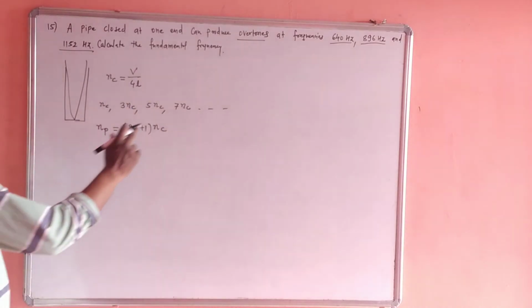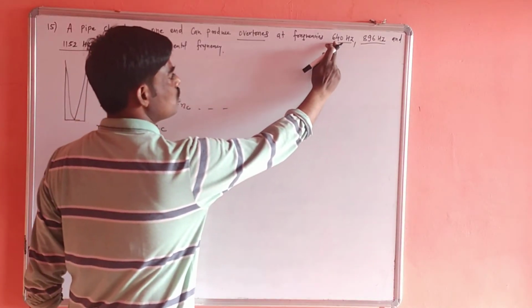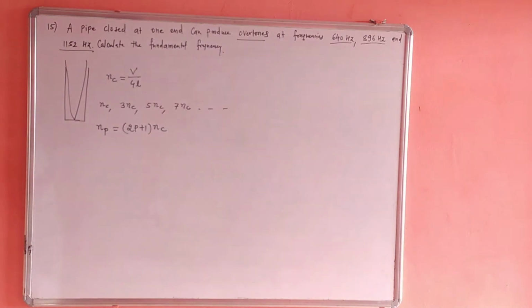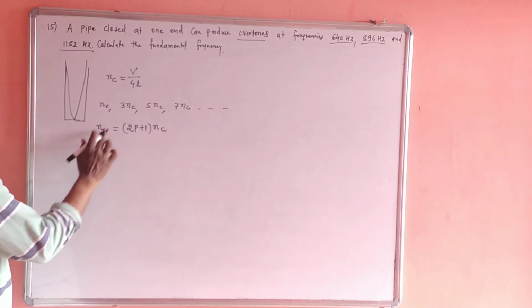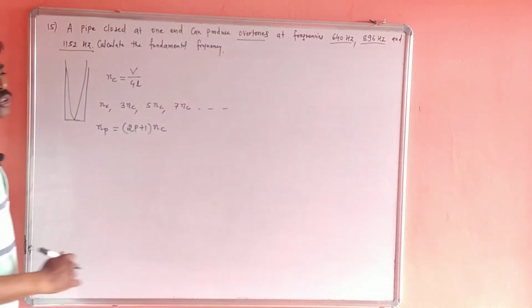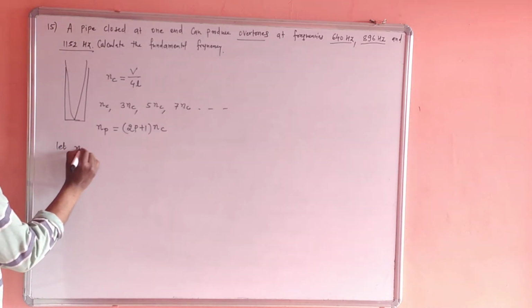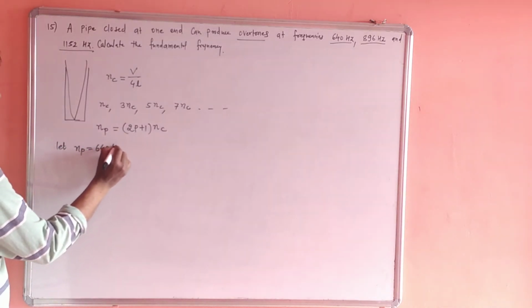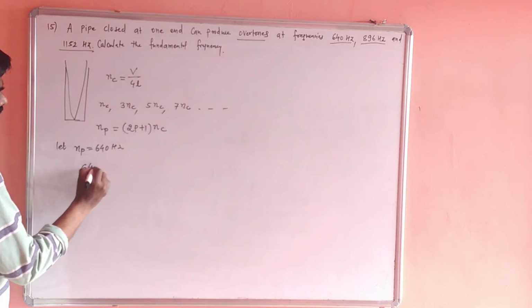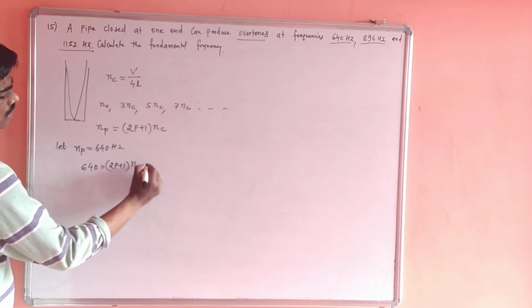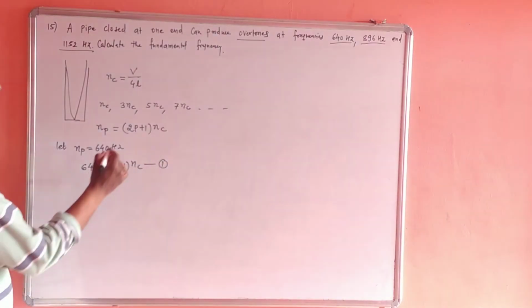So in the problem it is given that the overtones are 640 Hz, 896 Hz and 1152 Hz. So the number is unknown for us. So we can consider NP as 640 Hz. Let NP be 640 Hz. So the relation becomes 640 equals 2p plus 1 times NC. This is equation 1.